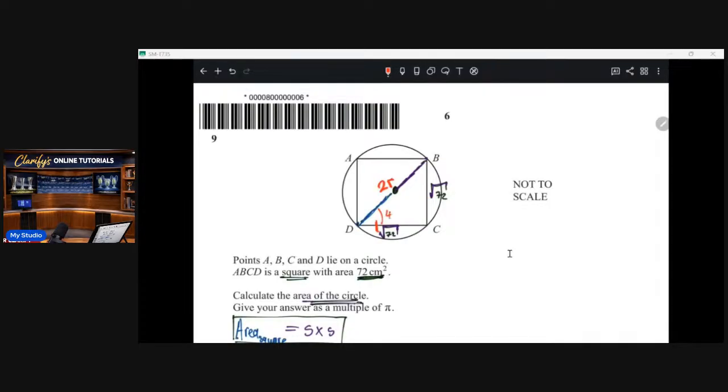And this would be 45 degrees because it's an isosceles triangle, and this would also be 45 degrees. If I want to find this root 72, remember radius is from here to there. So if I want to find the root 72, watch closely.